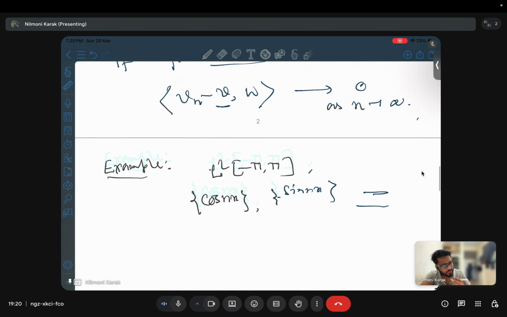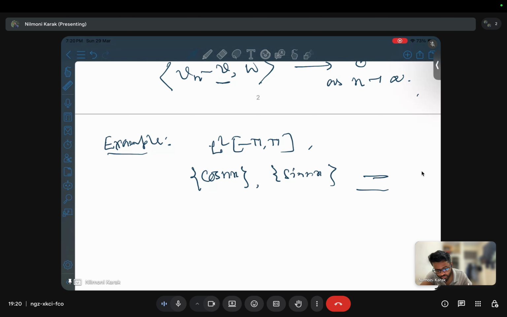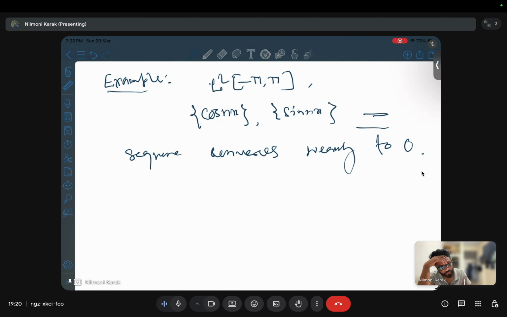And this sequence converges weakly to zero. But how? Because these are orthonormal, and for every f in L2 of minus pi to pi.